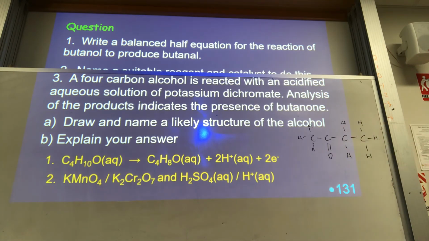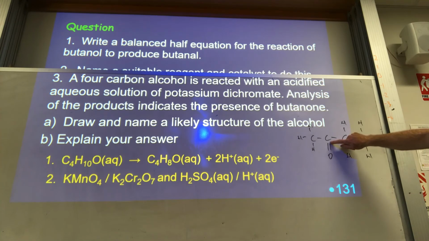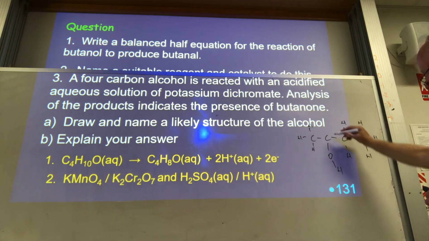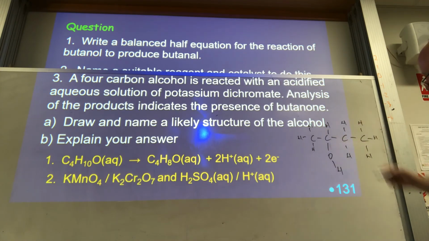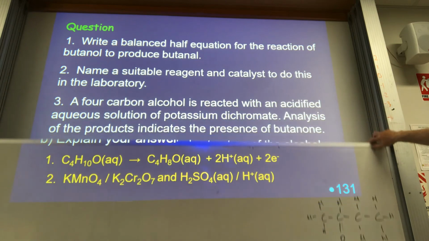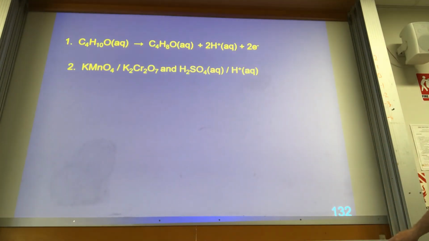Now, if that's butanone, that's also where the alcohol must have been before it reacted. So the alcohol must have been 2-butanol. There's another bond up here. So that's going to be 2-butanol, that's going to be the reactant in that case. So secondary alcohols react to produce ketones, is what's happened here.